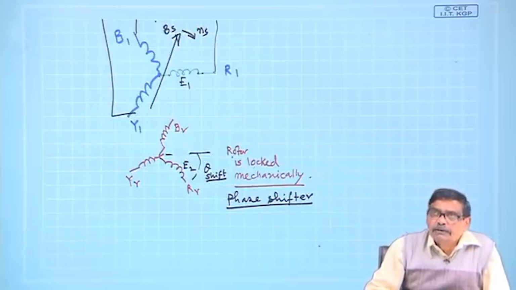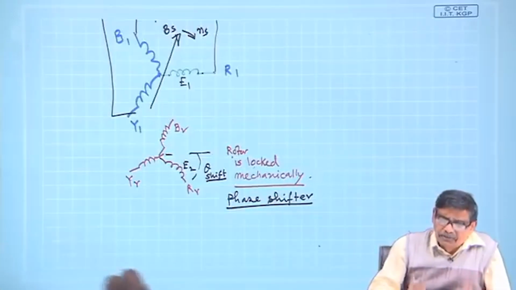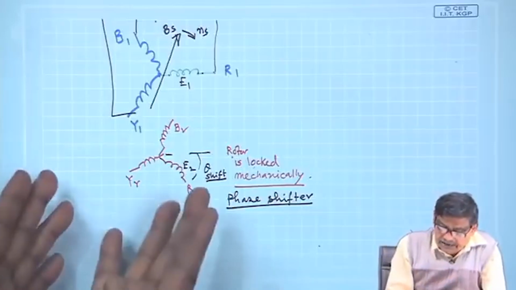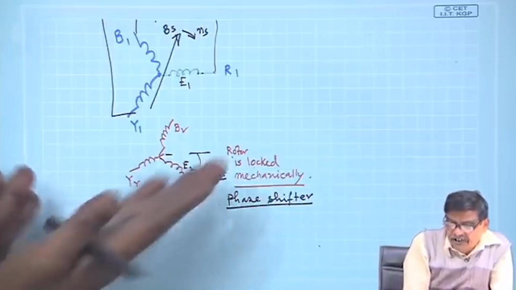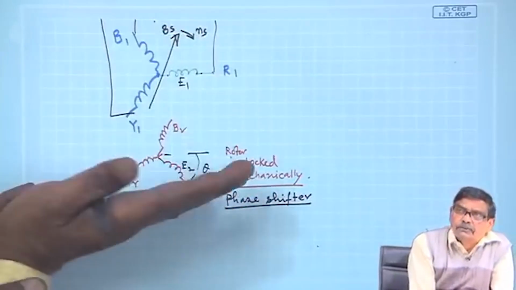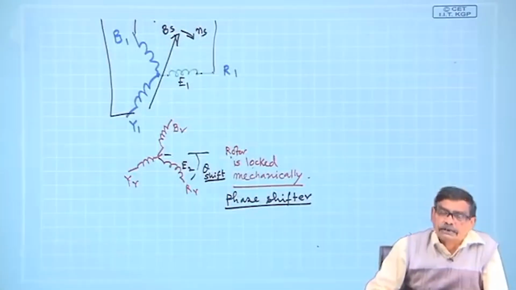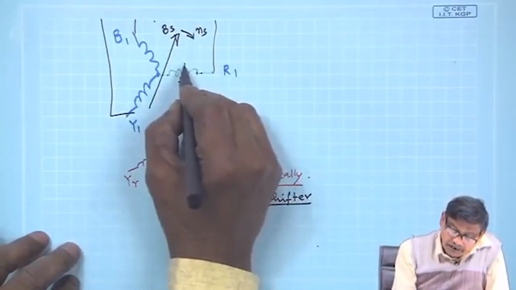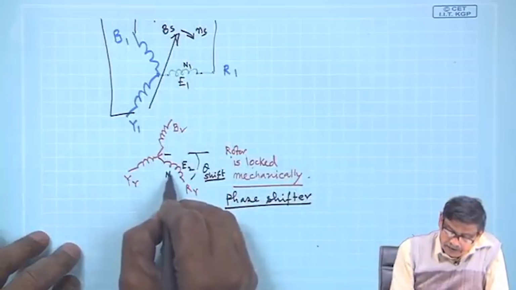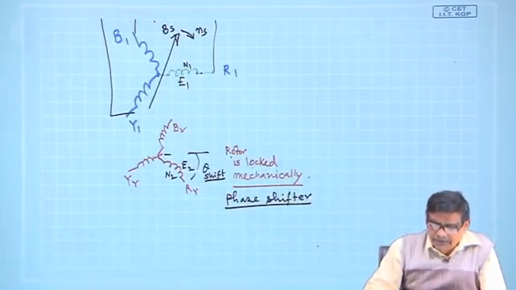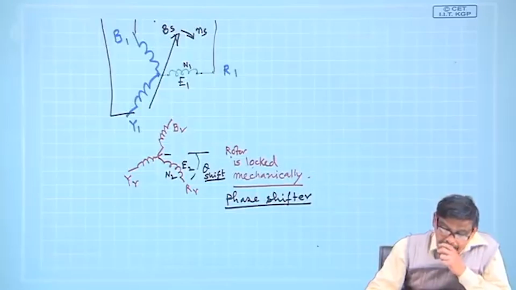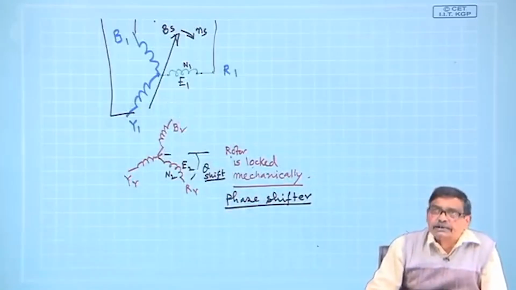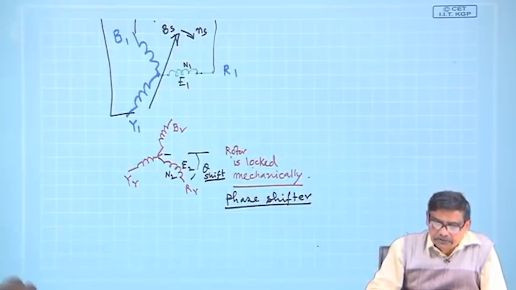In a single phase transformer, each phase winding voltage is in time phase, but here it is not. You can phase shift the input voltage by whatever angle you desire, and the magnitude can also be manipulated by N1 and N2 if necessary. But in any case, this is not designed for rotation, you lock it.